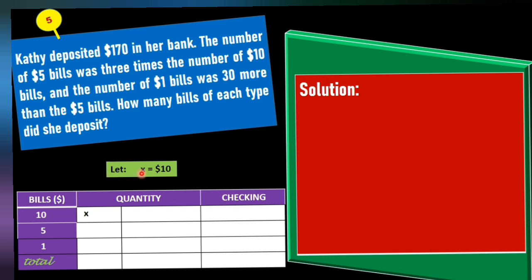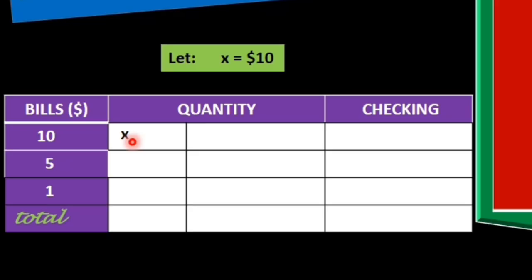So let X represent the number of $10 bills. The number of $5 bills was 3 times the number of $10 bills. So here's the equation. 3 times the number of $10 bills. What is $10 bill? X. So this is the equation.